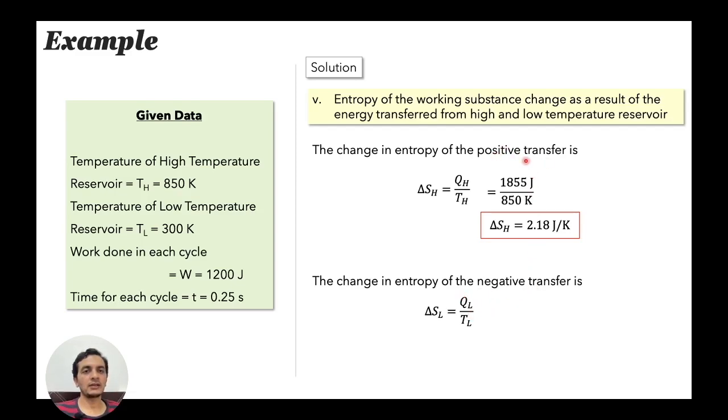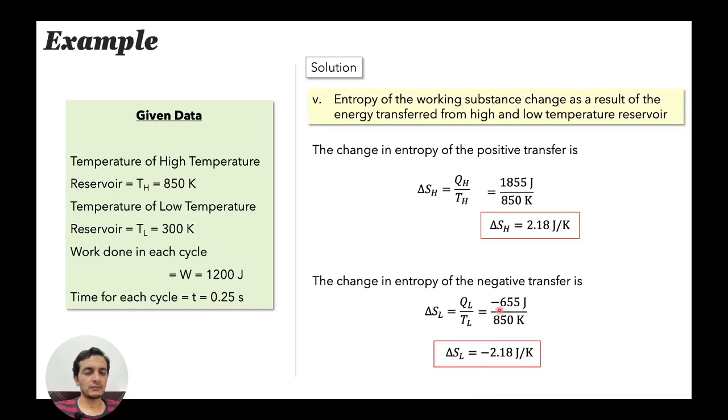Positive transfer means that energy is transferred from the surroundings or some source to the system, because the high temperature reservoir gives energy to the system and the low temperature reservoir absorbs energy from the system. That's why one is called positive and the other negative energy transfer. So during this transfer, delta SL is equal to QL divided by TL. We put in the values, perform the calculations, and we get this answer.